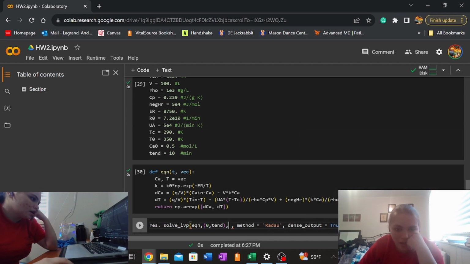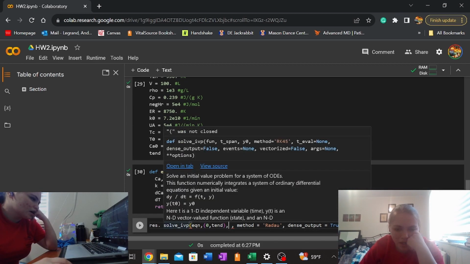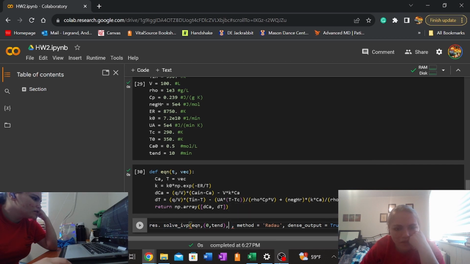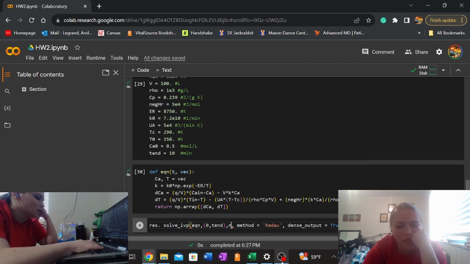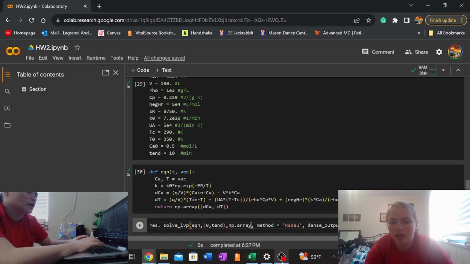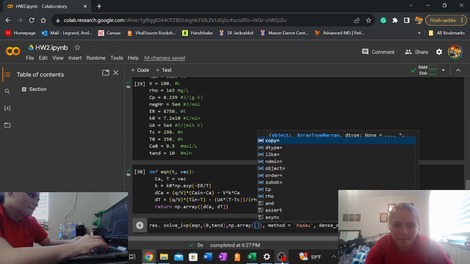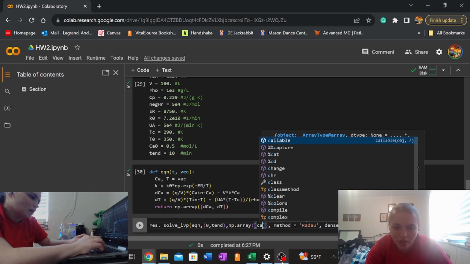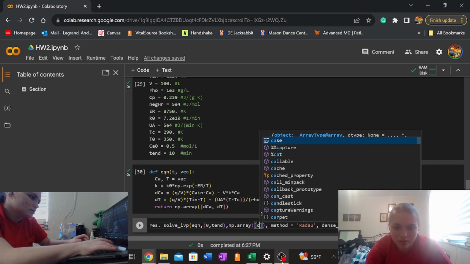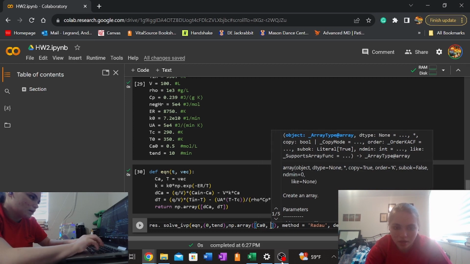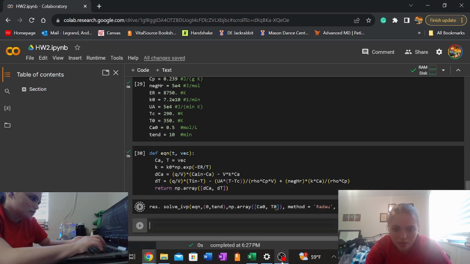And then the initial y, I believe it should be np.array, parentheses, and I believe it would be CA naught, CA naught, and T naught.